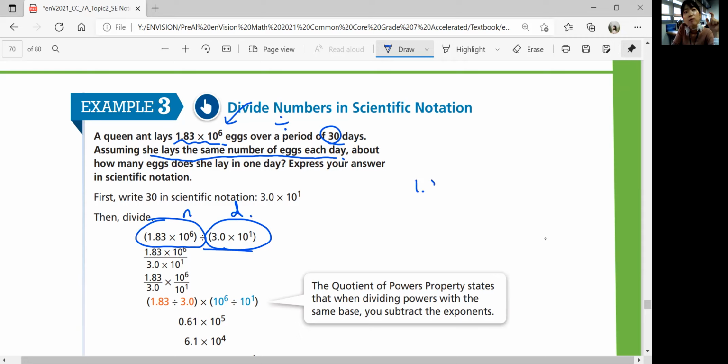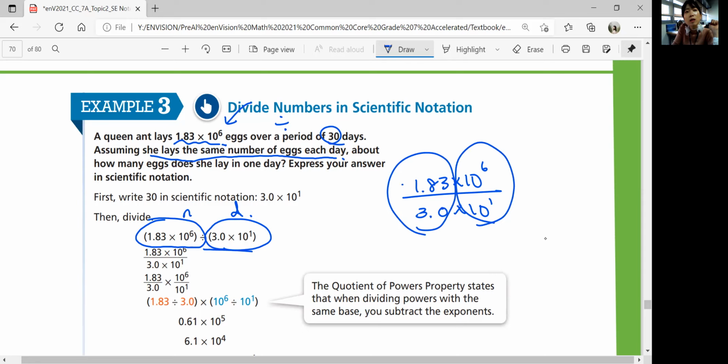If you have a number over another number, what can you do to simplify the fraction? You can divide these two numbers together and multiply them. 1.83 divided by 3 times 10 to the 6th power divided by 10 to the first power.